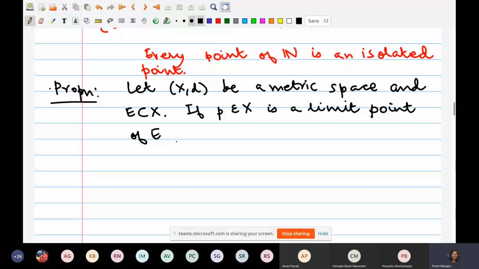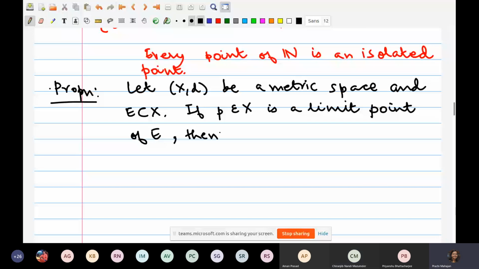Every neighborhood of p contains at least one point of the set E different from the point p, correct? Is that a yes with everybody present here?